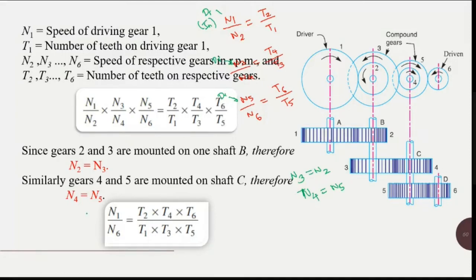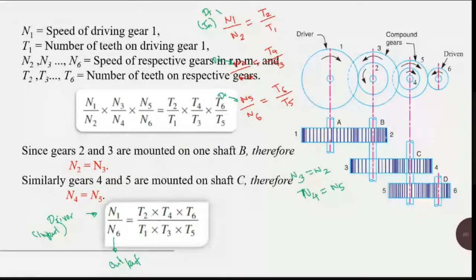So what is this N1? Driver, that is input. This is my input speed divided by output speed, right, is equal to the multiplication of these teeth, which is in even number.